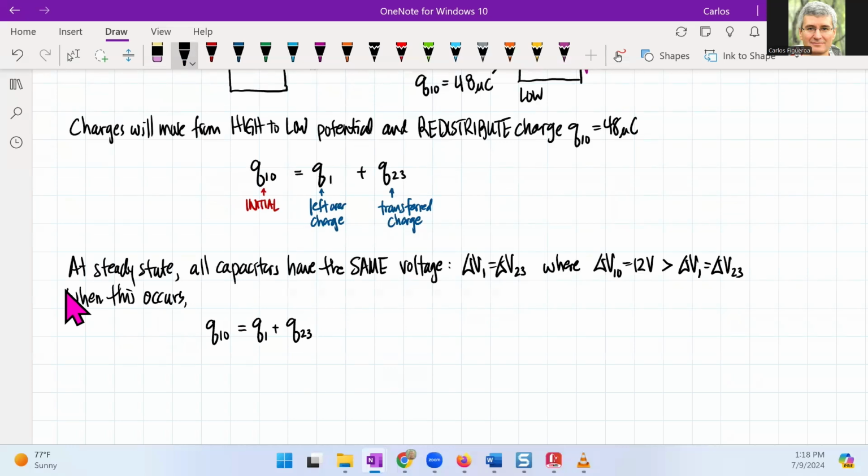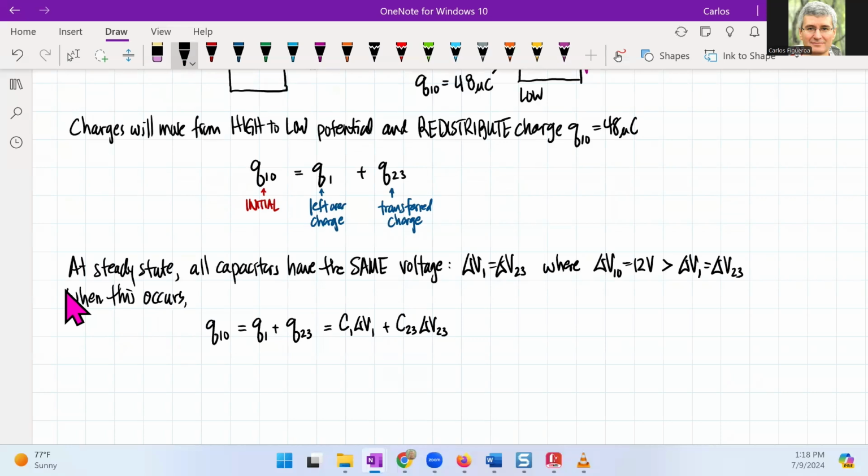The capacitor equation tells us that this guy is going to be C1 times its voltage, and this one is going to be capacitance 2,3 times its voltage.